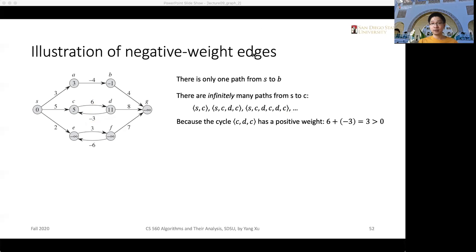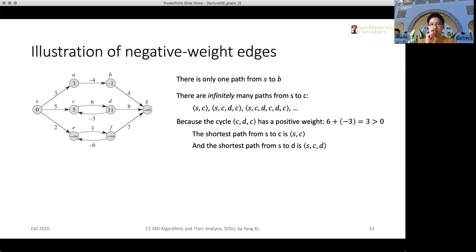Because the cycle has a positive cost, you don't want to go through that cycle many times. So there's still a well-defined shortest path from S to C, which is the edge from S to C.